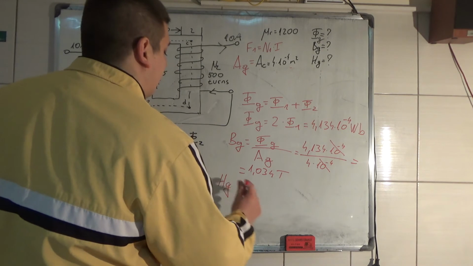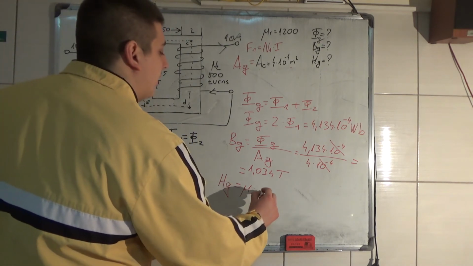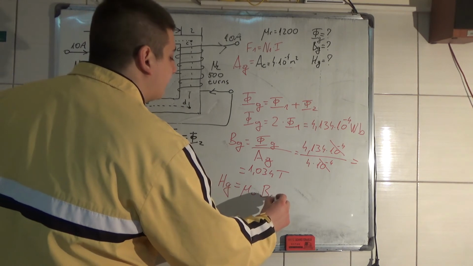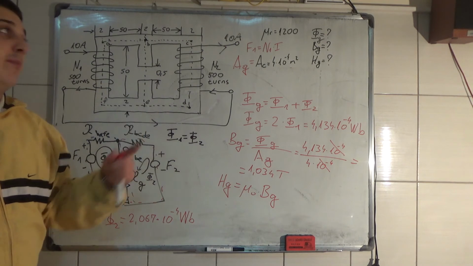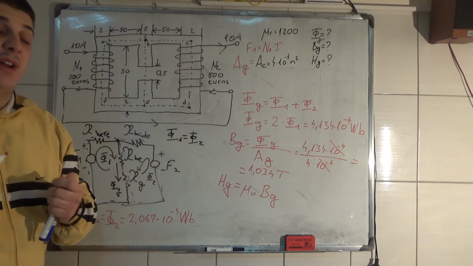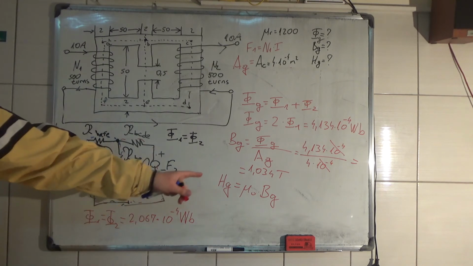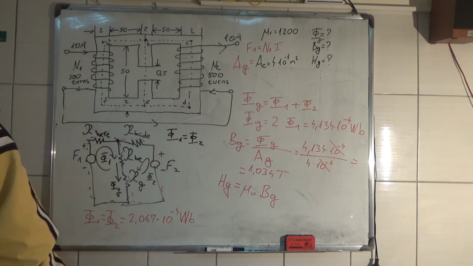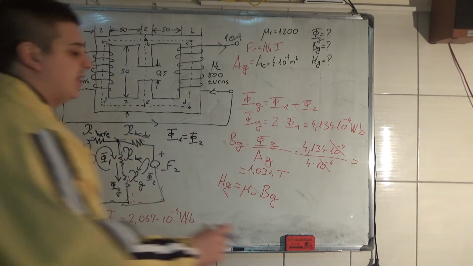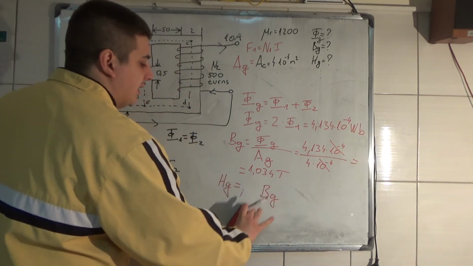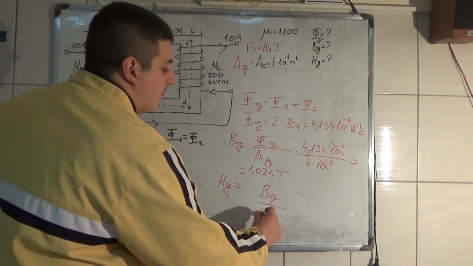And the magnetic field intensity is equal to mu0 times the magnetic flux density, because in the air gap the relative permeability is 1, so you write just this, and the equation is wrong, because it is equal to the magnetic flux density divided by mu0.